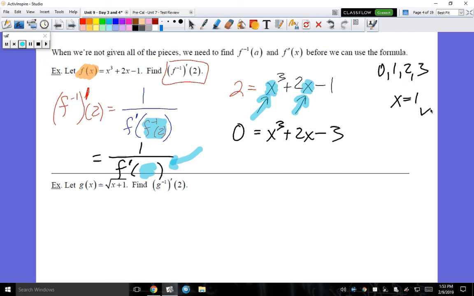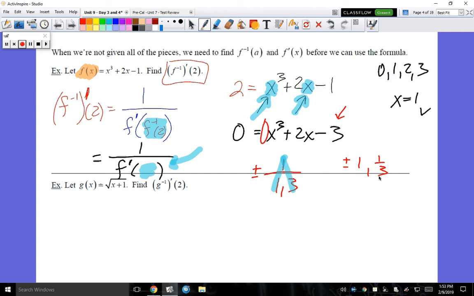If you didn't want to do that, you'd use the rational root theorem: the factors of your leading coefficient, which is just 1, and the factors of your last term, 1 and 3. With plus or minus combinations, you could have 1 over 1 or 1 over 3, so plus or minus 1 over 1, plus or minus 1 over 3.